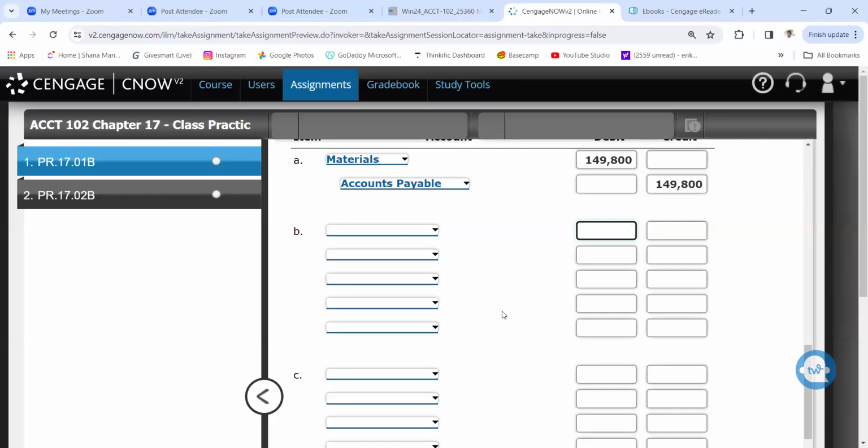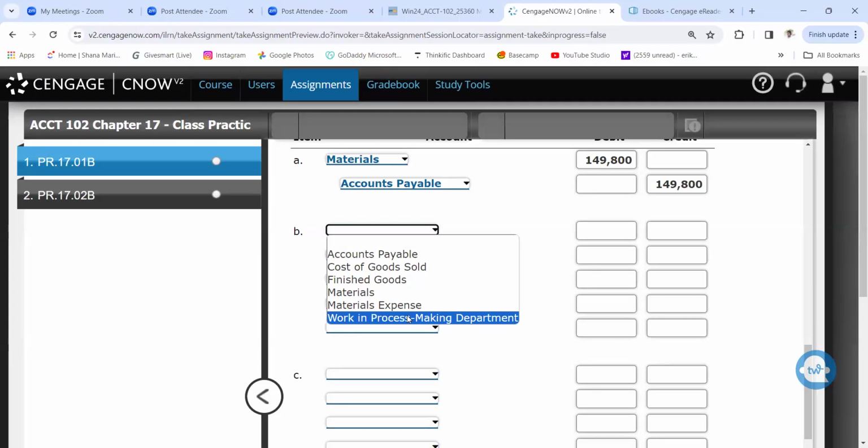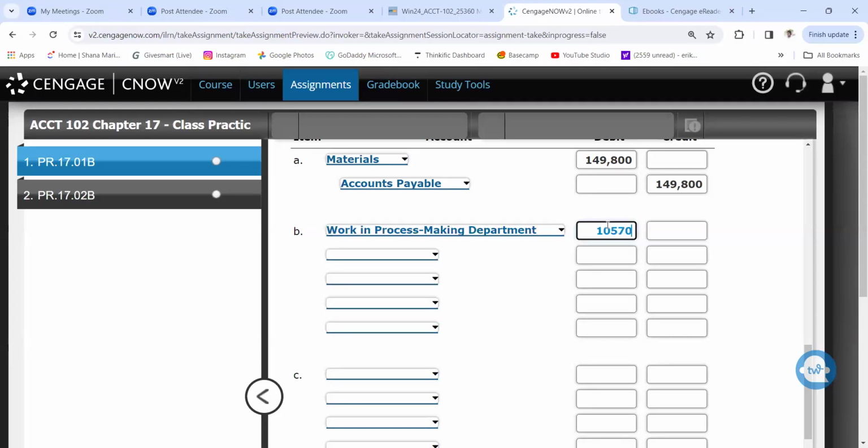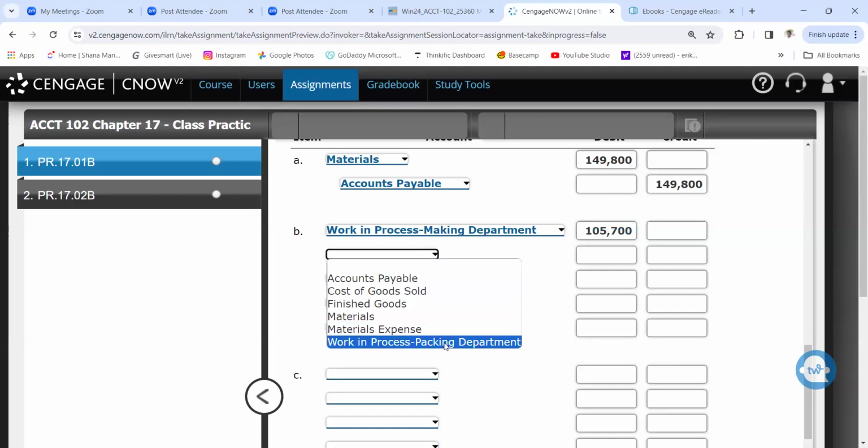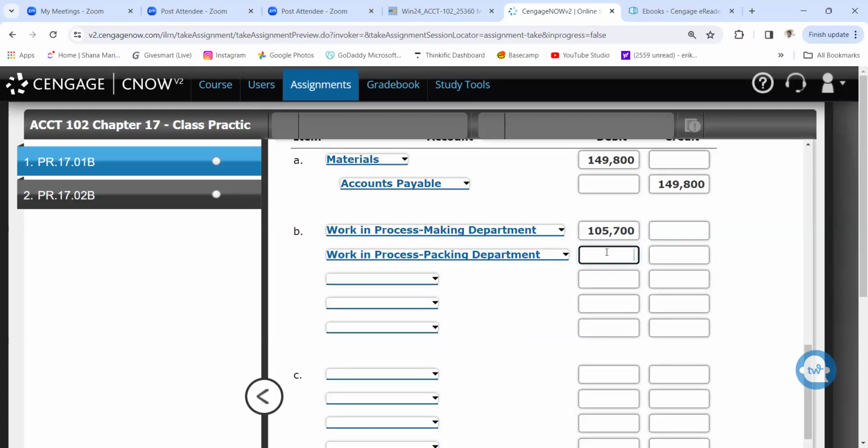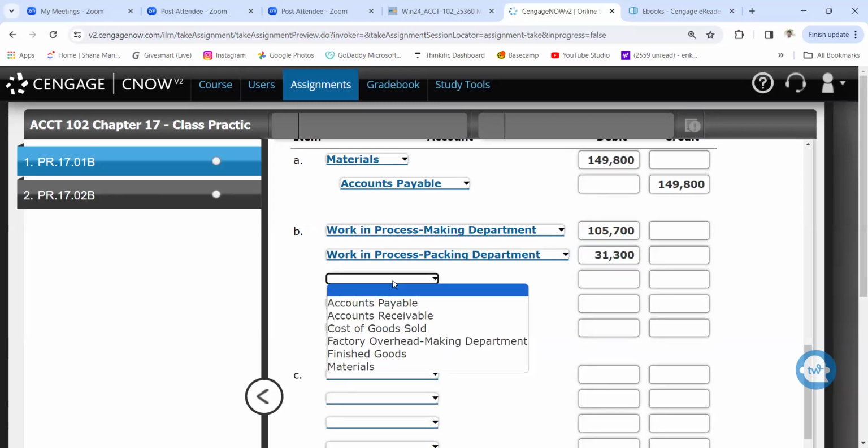All right, so the first one, we have $105,700 that goes into the making department. So that's going to be our WIP making. So it's entering in, and remember, WIP is an asset, and it increases on the debit side. Then we also have some materials going into the packing department. WIP, so that is 31,300. Next, we have indirect going into the making.